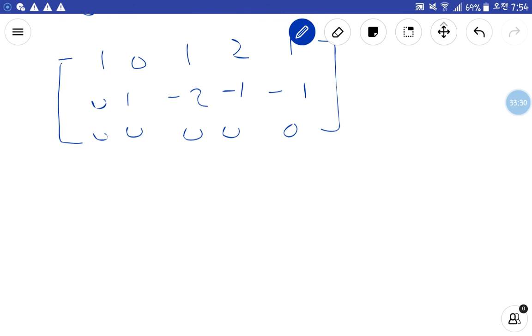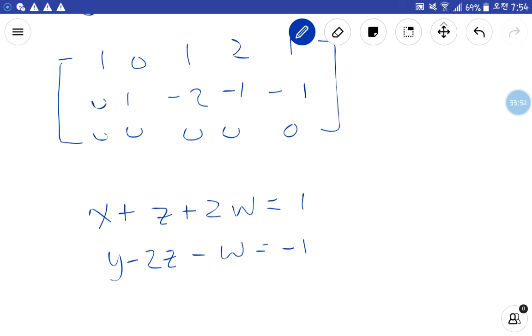Now, change that into the system form, which is x plus z plus 2w equals 1. And then y minus 2z minus w equals negative 1. That's what we have.